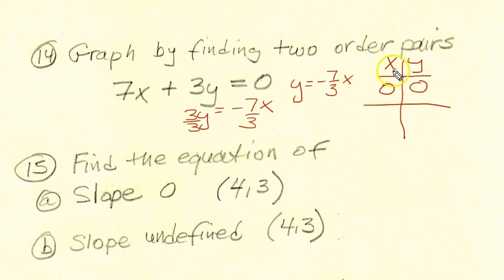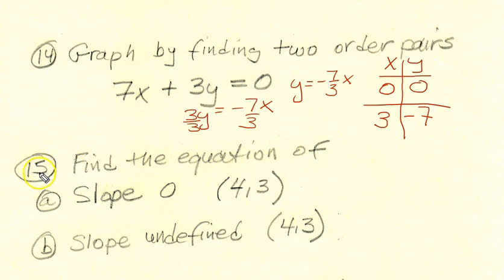So what value of x might I use here? Well, if x were 3, the 3's would cancel out. My y would be negative 7. So these are some nice ordered pairs. You put that in your software, and then the graph forms, and that's the equation.